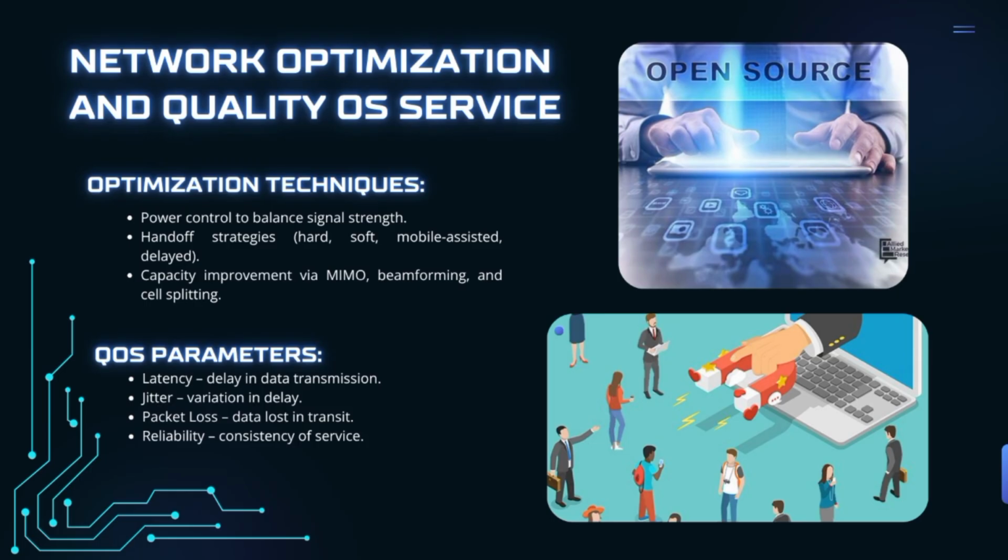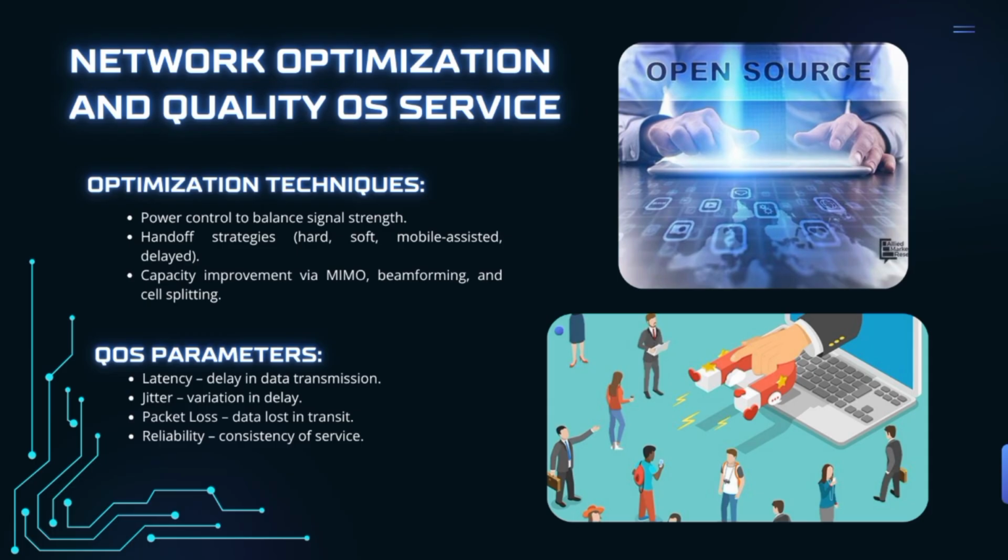Lastly, to maintain high-quality communication, networks must constantly optimize performance. Power control adjusts signal levels to reduce interference. Handoff ensures ongoing calls don't drop when users move, and techniques like MIMO, or multiple input, multiple output, and beamforming improve data rates and signal clarity.